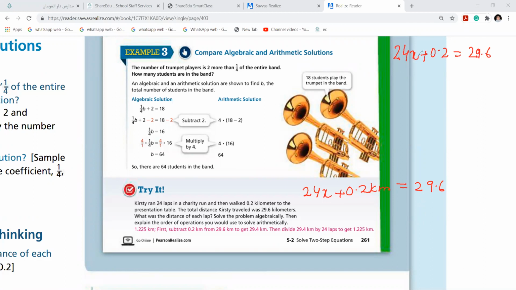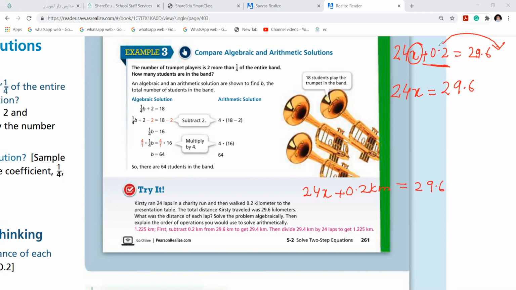Girls, what is it that you want? You want x. So this plus, I need to kick it out. When I kick this out, I copy 29.6. Dishan, this plus 0.2, when it goes to another side, what will it become?